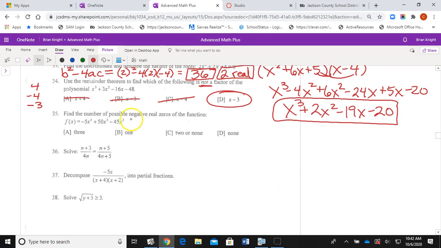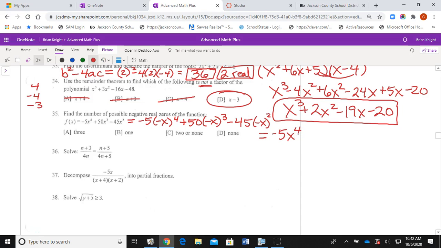Negative x. Okay. So -5 times (-x) to the 4th plus 50 times (-x) to the 3rd minus 45 times (-x) squared. And you simplify that. Negative to the 4th is positive times -5 would be -5x to the 4th.